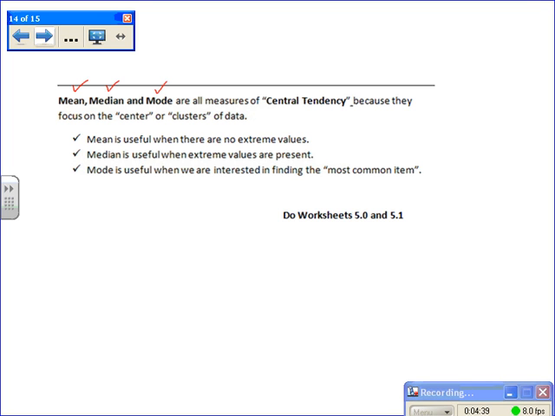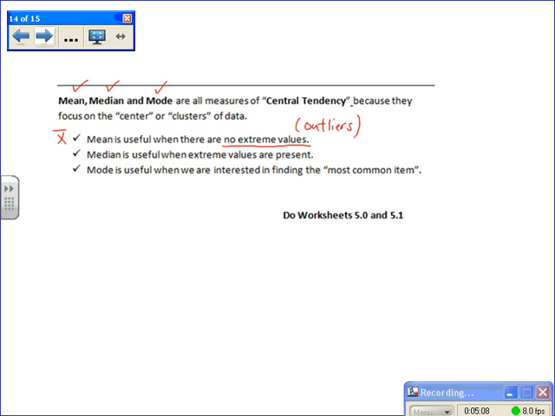What we should know about them is that the mean is very useful to us to tell us where the data is centered, especially when there are no extreme values. If there are no outliers, then our mean is giving us a really accurate picture of where the center of my data is concentrated.